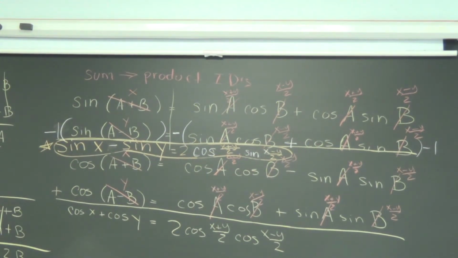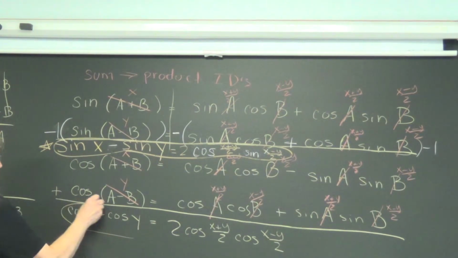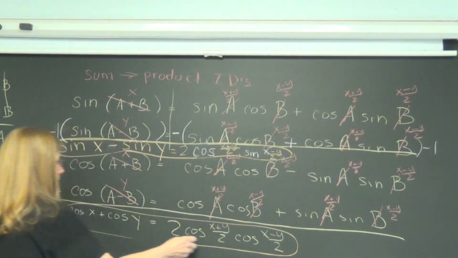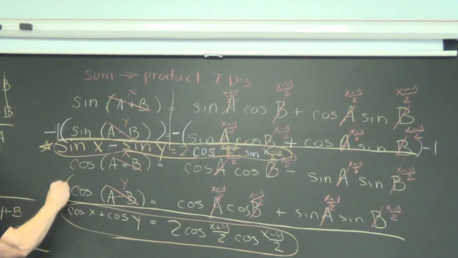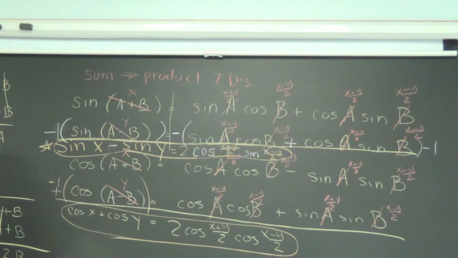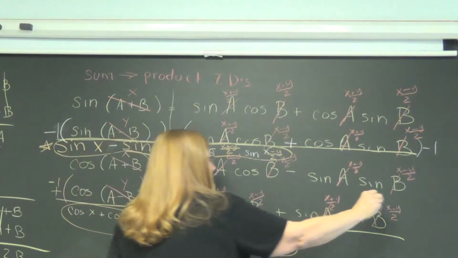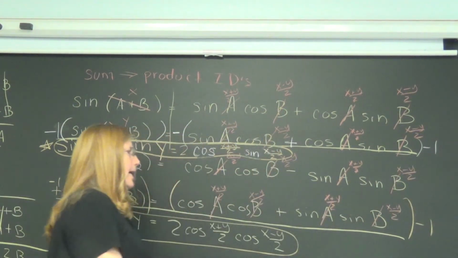Look up when you have yours, see if it matches mine. And the last one, I'm going to multiply the minus 1 times the bottom and add the bottom to the top.